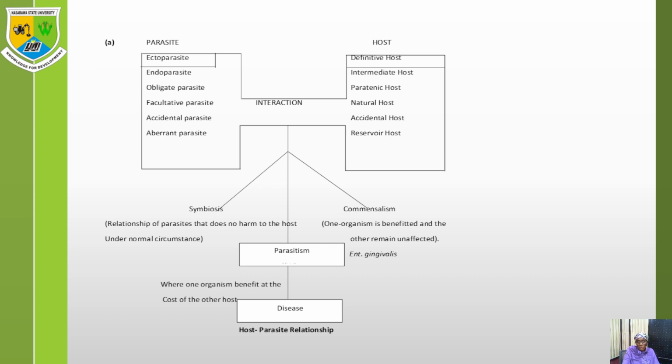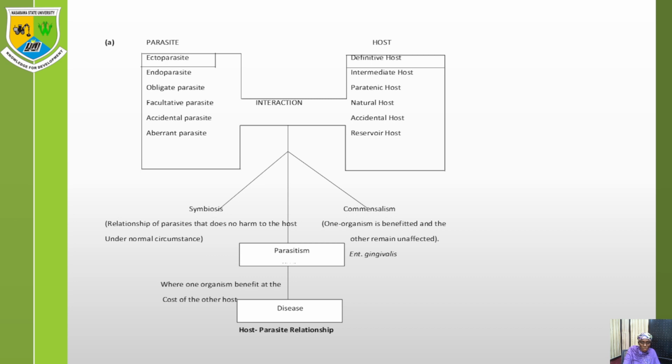Under the host, we have definitive host, intermediate host, paratenic host, natural host, accidental host, reservoir host.